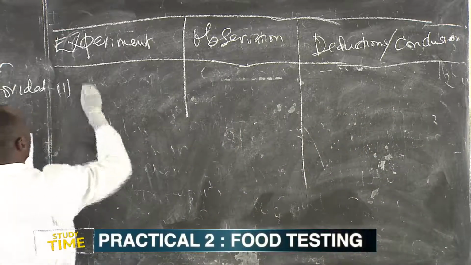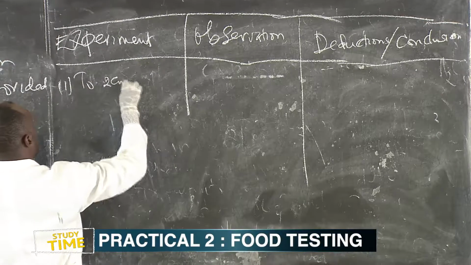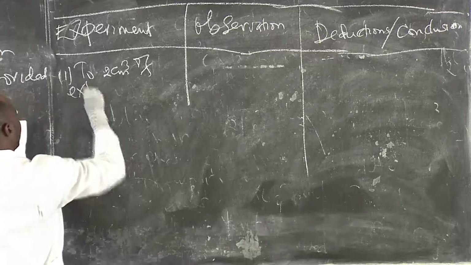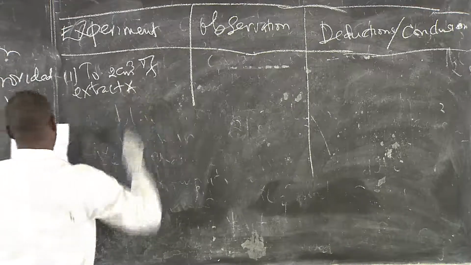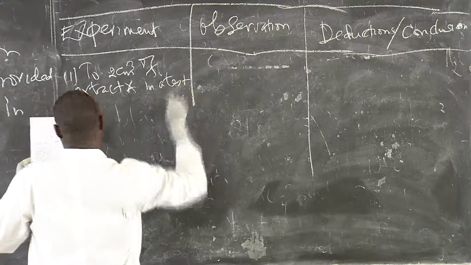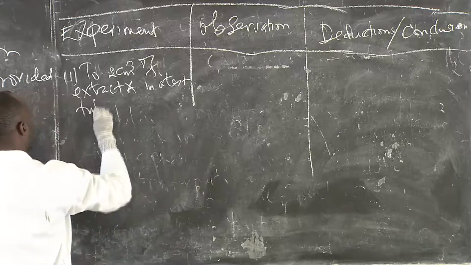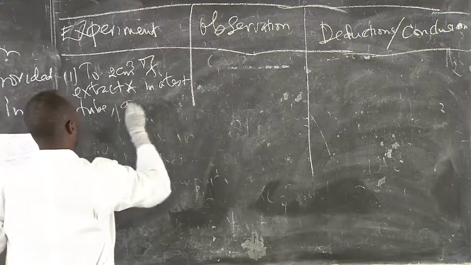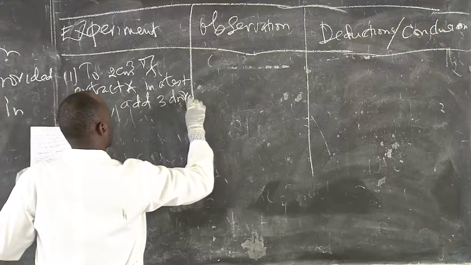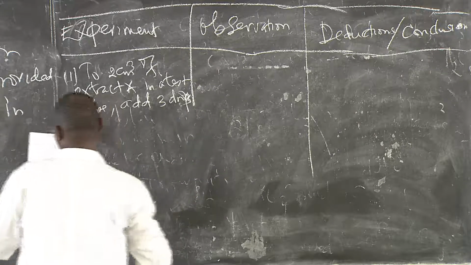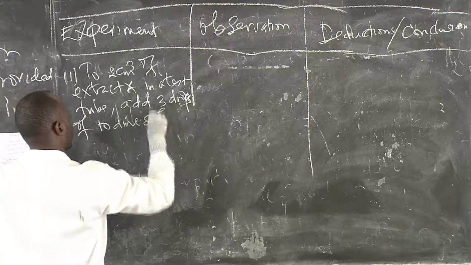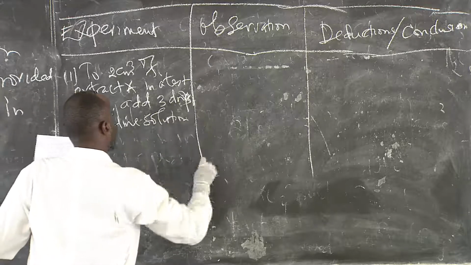One to 2 centimeters cubed of extract A in a test tube, add 3 drops of iodine solution. I think we did the test of starch at the beginning.